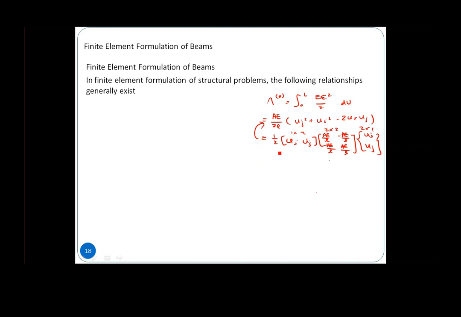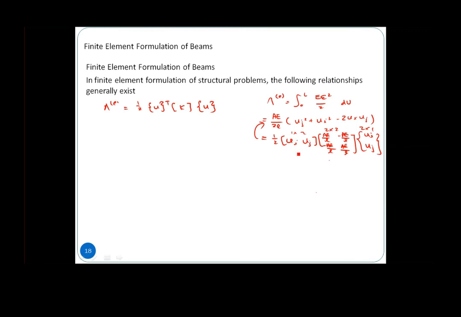If I rearrange it, lambda element, our strain energy, is equal to 1 over 2 U transpose multiplied with our K multiplied with our U. Agree?